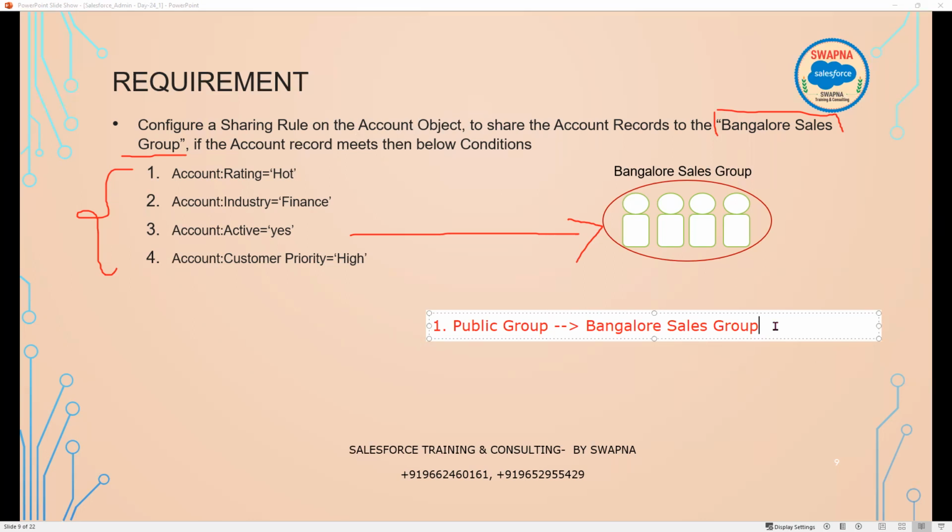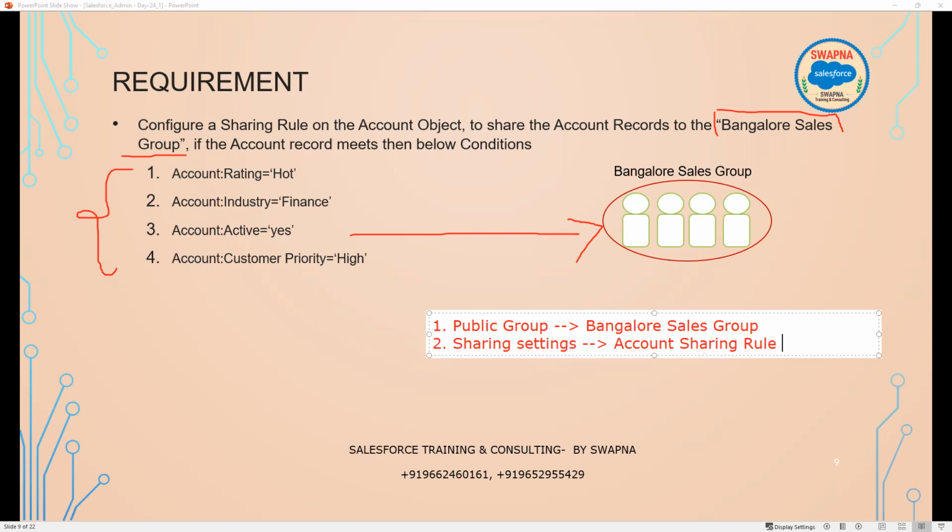Next, the second step is I need to go to the sharing settings and then go to the account sharing rule. Then we need to assign the criteria to the account sharing.